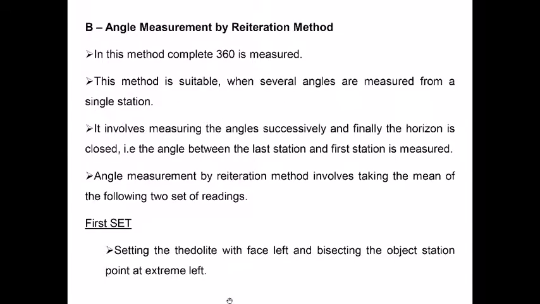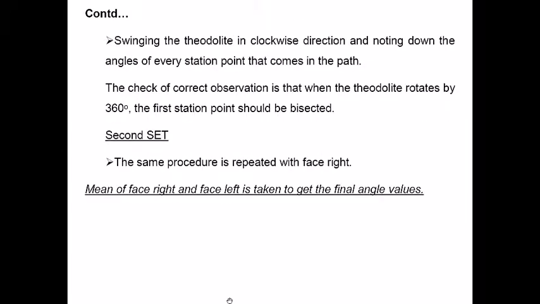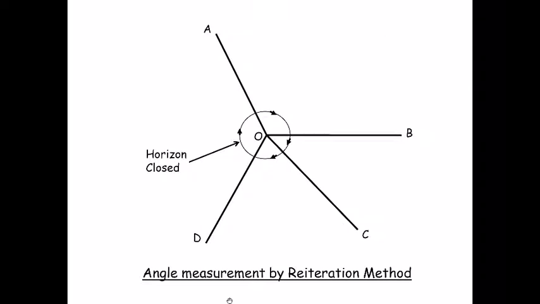Alternatively, the other method is called the reiteration method. In the reiteration method, let's see. So now you want to measure the angle AOB, and you also want to measure the angle BOC and COD. One way is you use the repetition method once for this angle, once for this angle, and once for this angle.